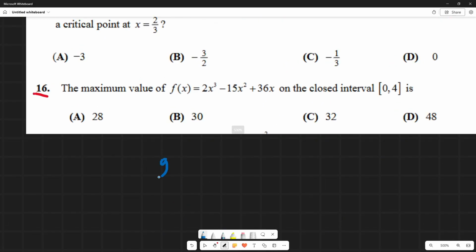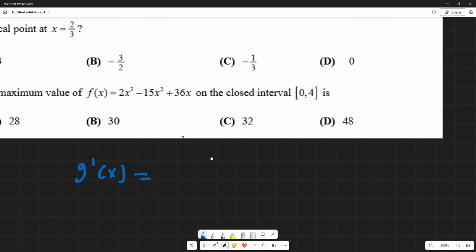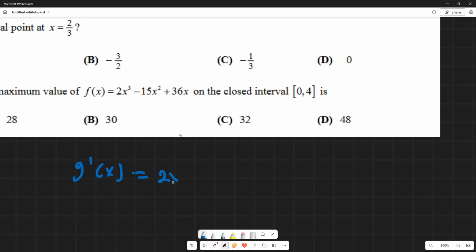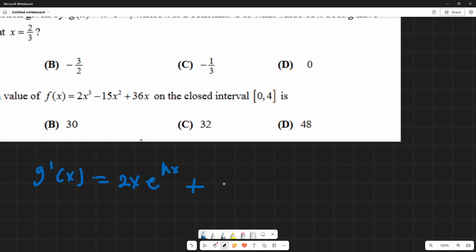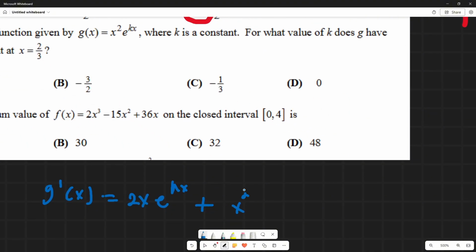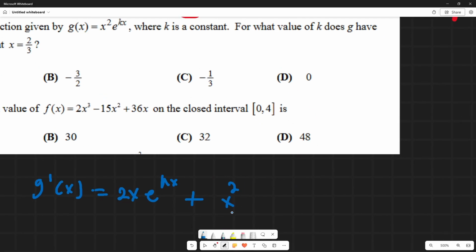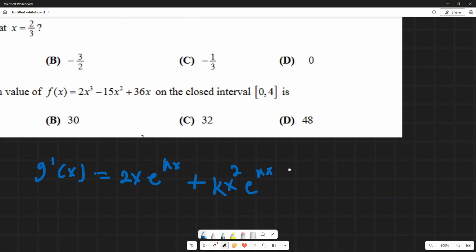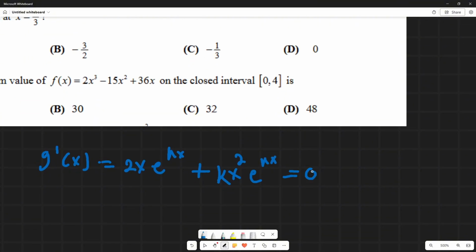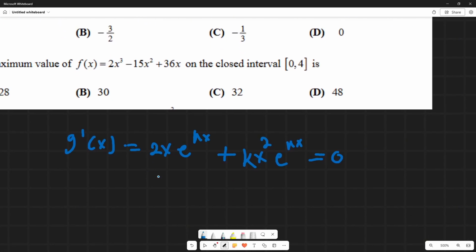So I'm going to say g prime of x equals, and then we got to do product rule. So this is going to be 2x e to the kx plus x squared. Bring down the k, and then take the derivative of that. So this will be plus kx squared e to the kx. And then I'm going to set it equal to 0, and then plug in 2 over 3 for x.